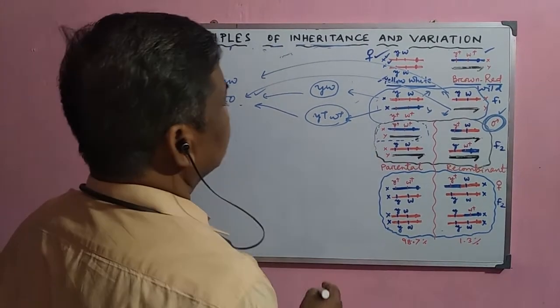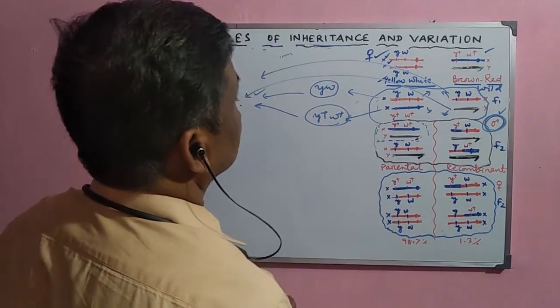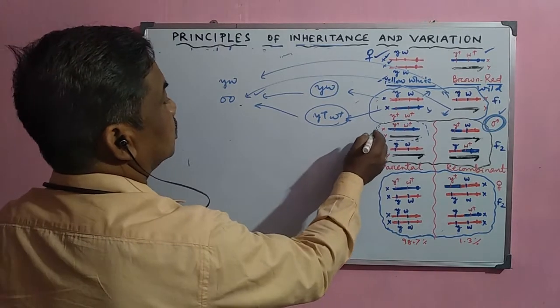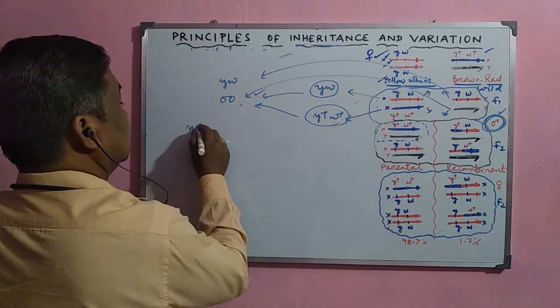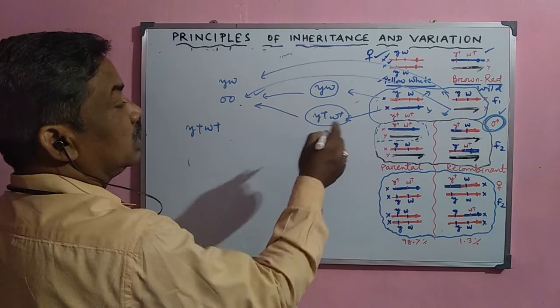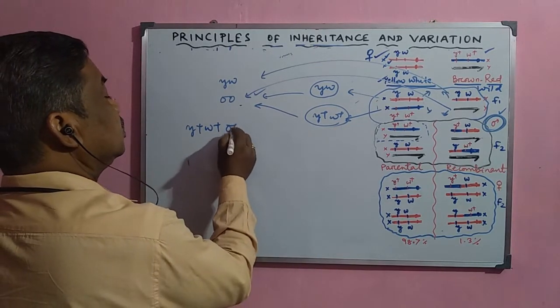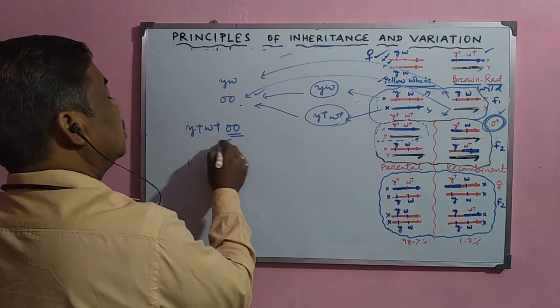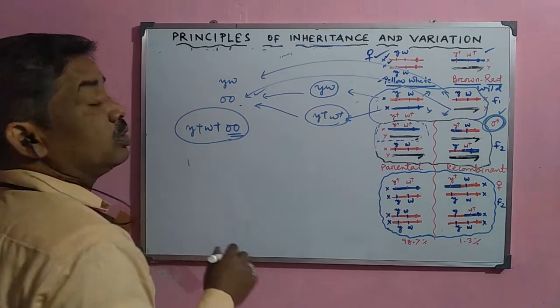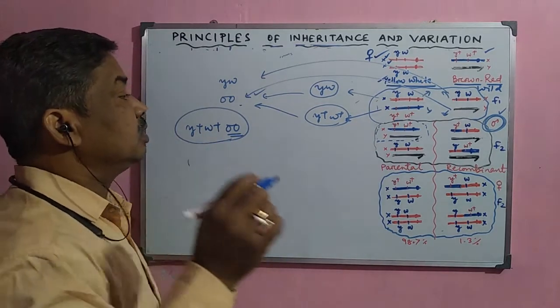In the parental combination normally observed here, that is Y plus W plus and another 00, which means it is the Y chromosome. So this type of offspring is found in the F2 generation.